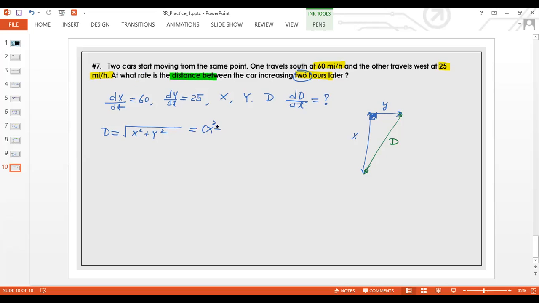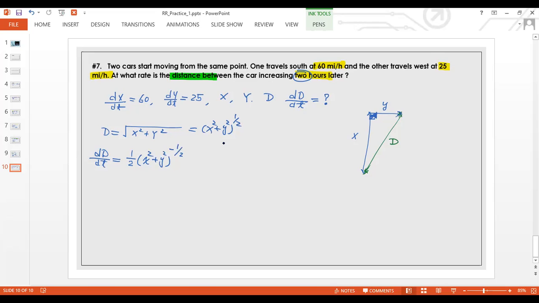I can say this is (x squared plus y squared) to the 1/2. So I'm going to find dD/dt. Let's take the derivative of both sides. When I take the derivative, this is 1/2. What I need to do is the power rule, right? So this is 1/2 times (x squared plus y squared) to the negative 1/2.